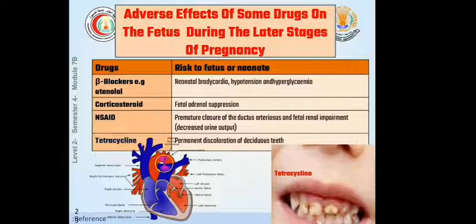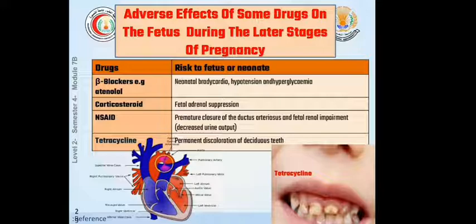And also non-steroidal anti-inflammatory drugs like aspirin, ibuprofen, or any non-steroidals may lead to premature closure of the patent ductus arteriosus. You know that the ductus arteriosus is a fetal blood vessel, as you see in the circle in the picture.